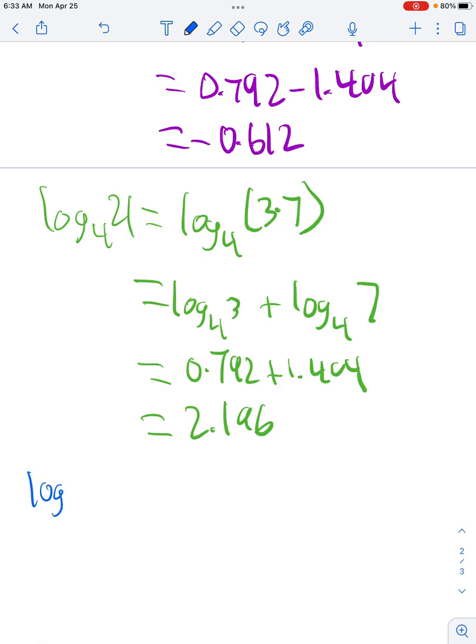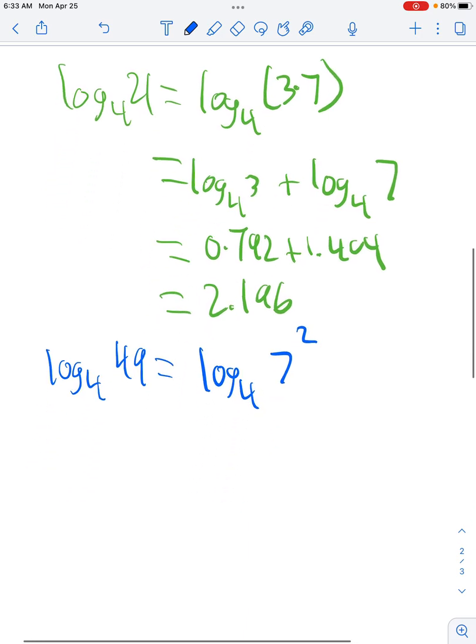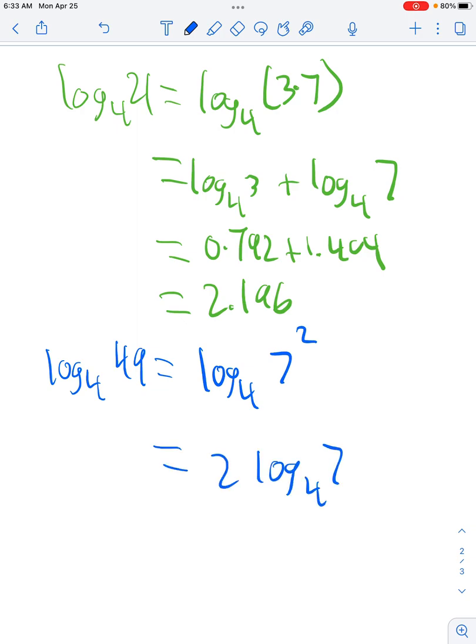And then our last property is the power property. Let's say that we have log base 4 of 49, and that's going to equal log base 4 of 7 squared. What do I have to do to that 2? I got to bring that 2 out in front: 2 log base 4 of 7, and we know that log base 4 of 7 is 1.404.